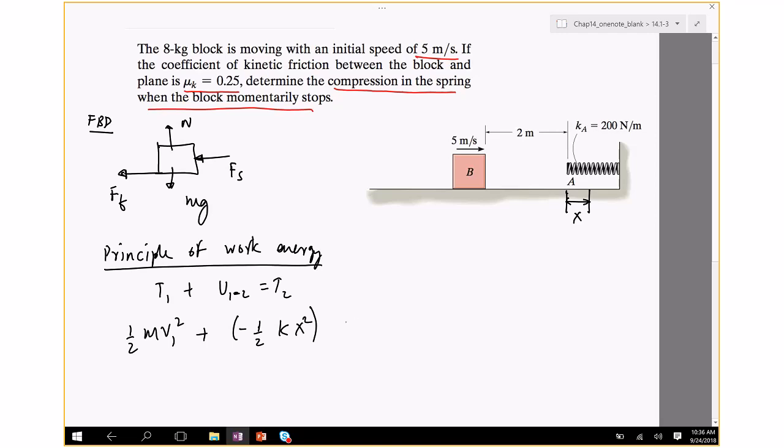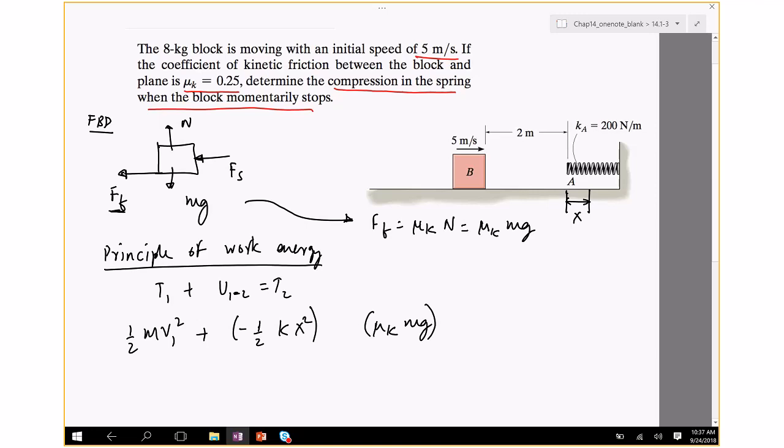So the work done by friction is going to be, here we can write Ff equals mu k times N, but N is mg. So I'm going to write mu k mg times the displacement to give me the work done.